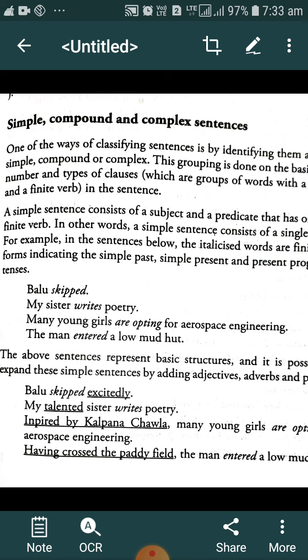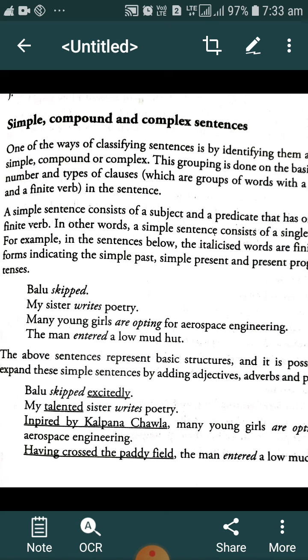Many young girls are opting for aerospace engineering. If it were only singular, there should be is; that are can be changed into is, or into am. This totally depends on the number of your subject, whether singular or plural.